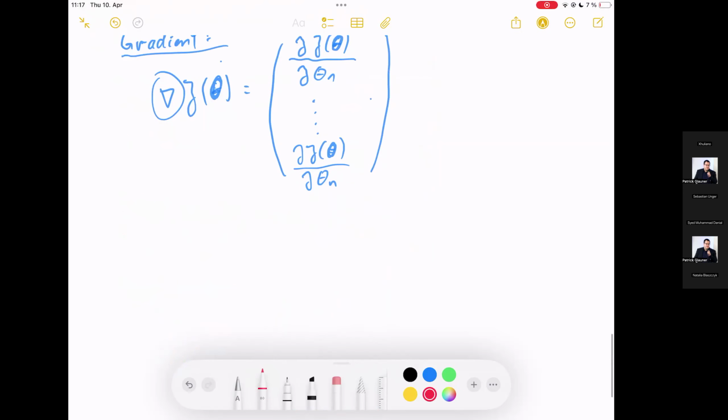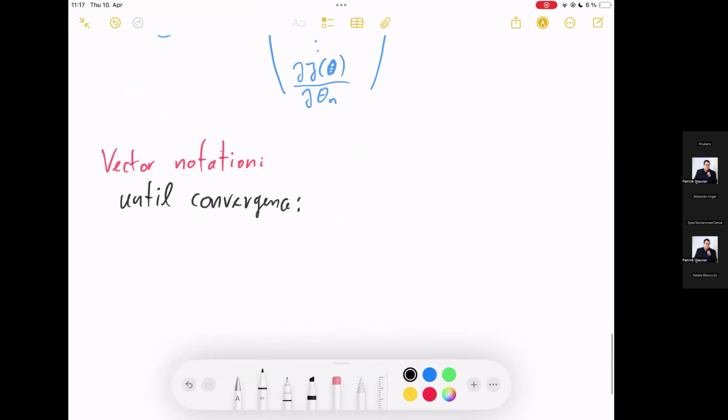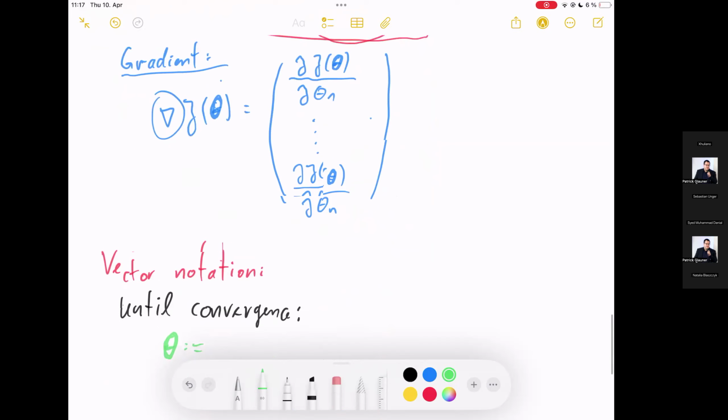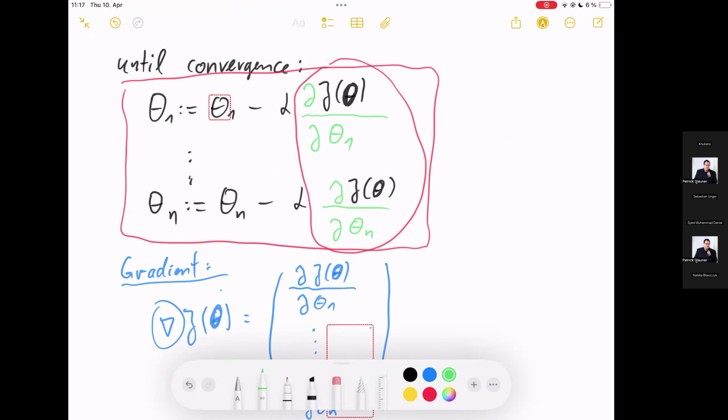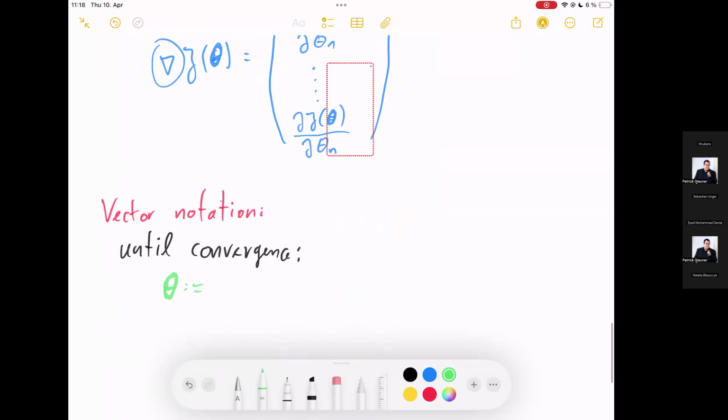So we can say now in vector notation, say again, until convergence, we have our theta, but theta now is the vector of all the parameters. And we update this as before. We said theta 1 is theta 1 minus learning rate times some partial derivative.